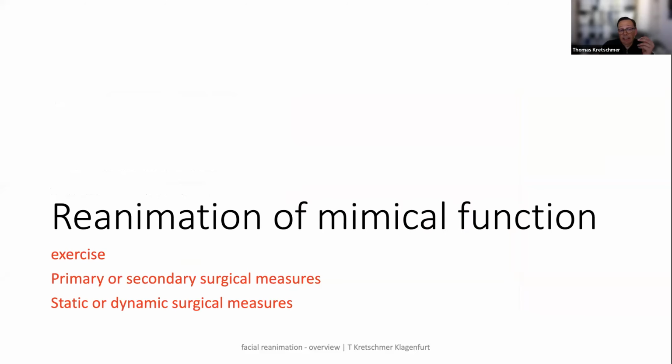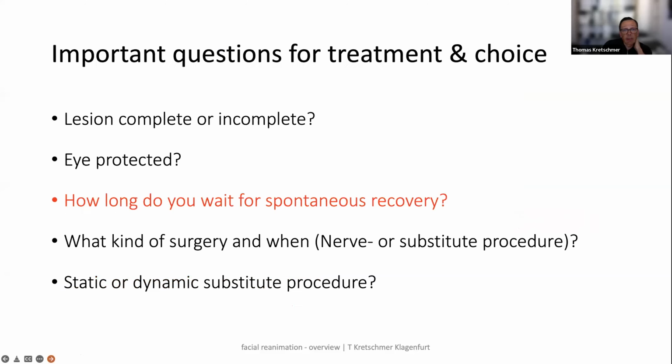So what are the elements of reanimation of mechanical function? So one important point is exercise, and we hear a whole talk about that. And then we have primary or secondary surgical measures, and we also could divide the surgical measures into static or dynamic.